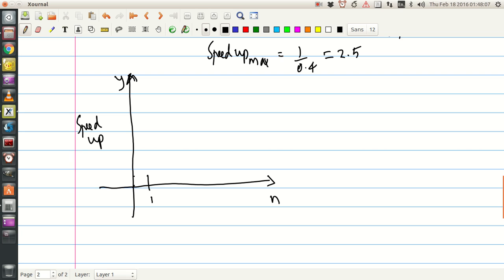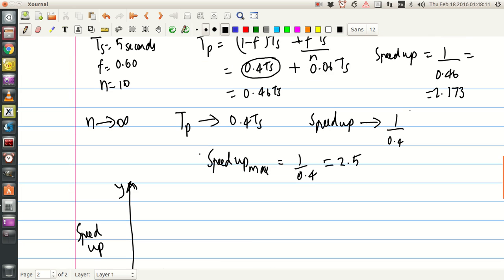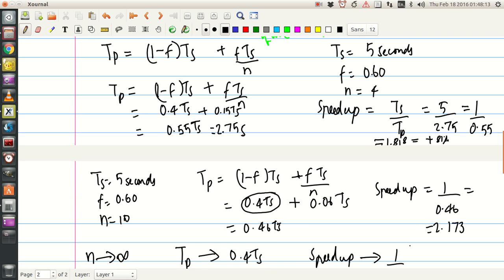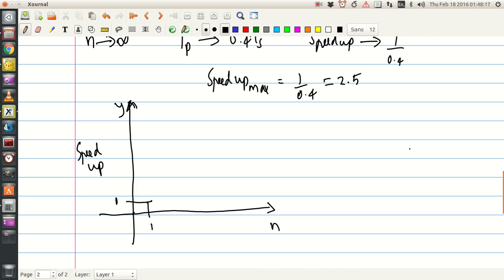If I use 1, I get a speed up of 1. For 4, I get 1.818, so I get this point over here.